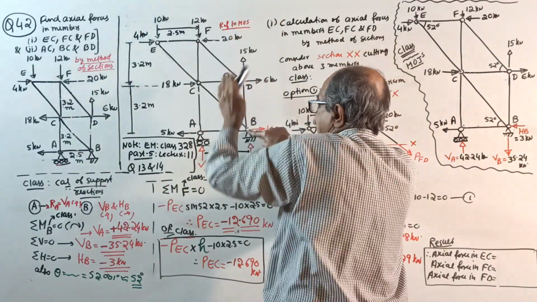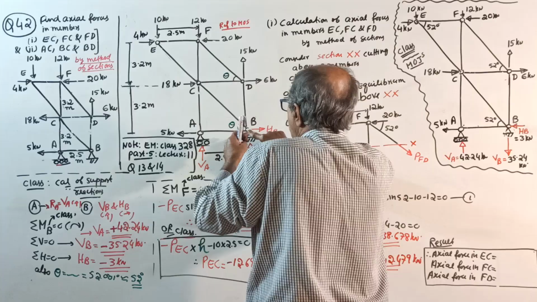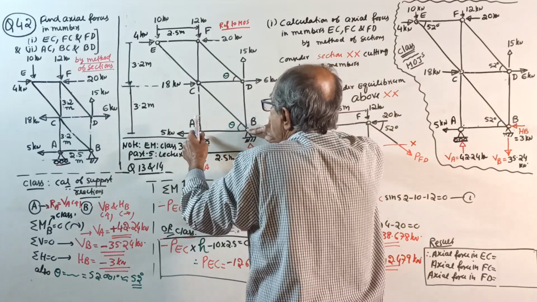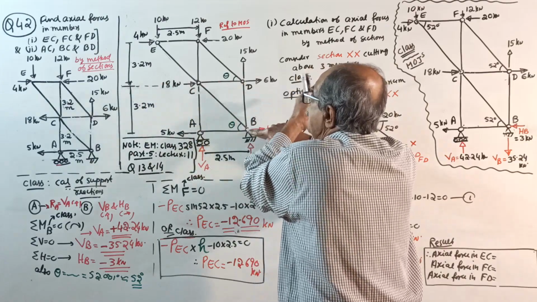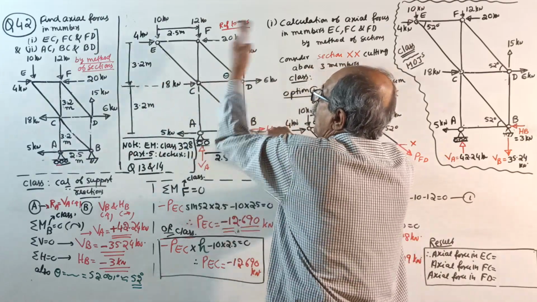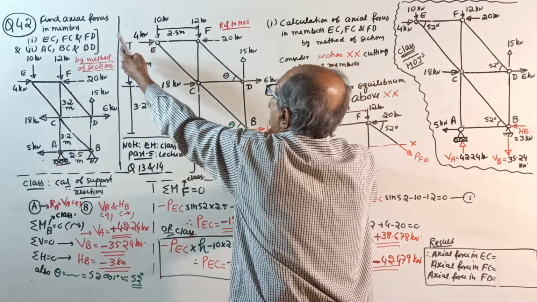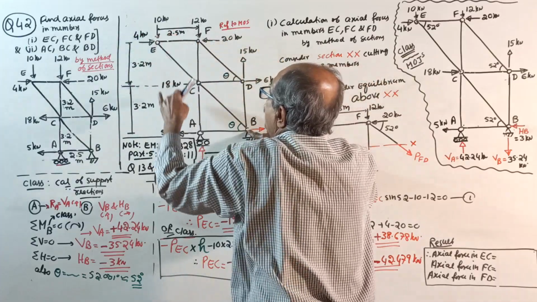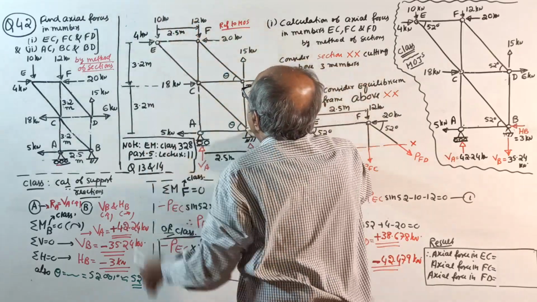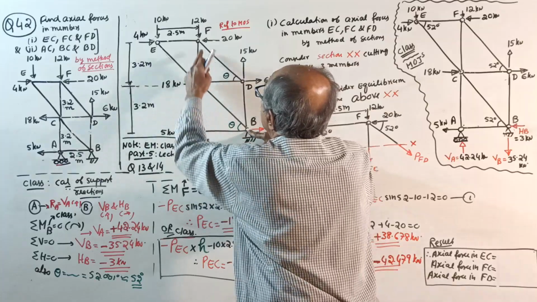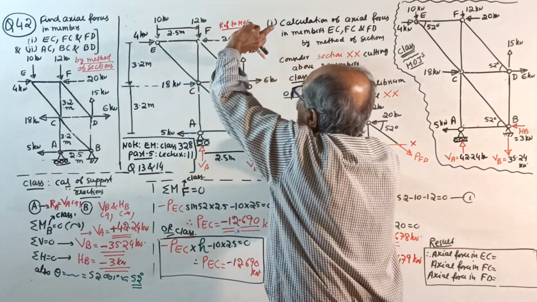Plus VA into 2.5. HB and VB into 0. Even 5 also into 0. Don't write. 18 into 3.2, clockwise. Plus 4 into 6.4, again clockwise. Plus 10 into 2.5 plus another 2.5, that is 5.